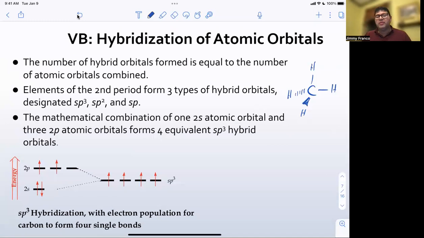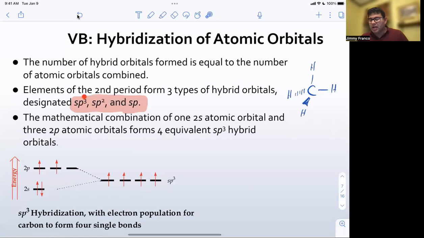Now, the 3 types of hybrid orbitals you'll see, and I'll explain the differences as we go through, we'll work through them systematically. But one thing I would commit to memory is you're going to have these 3 different hybrid orbitals: sp3, sp2, and sp. It literally defines what it's made of. Let's start with sp3.